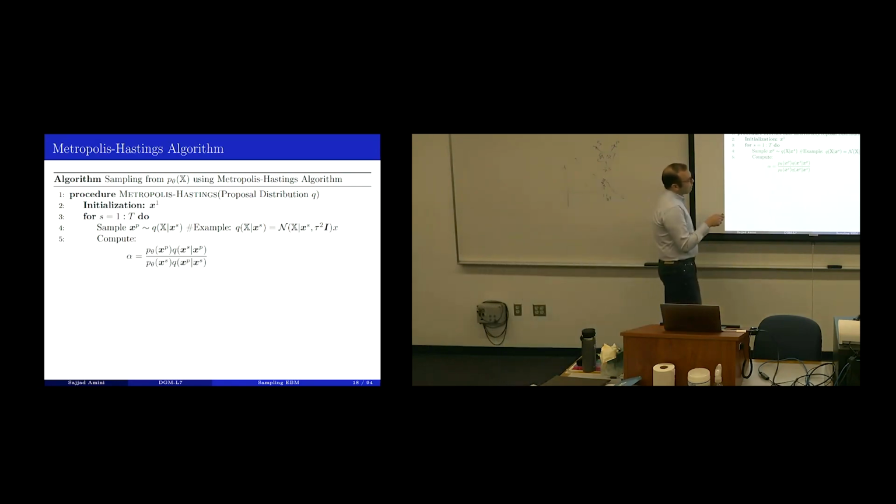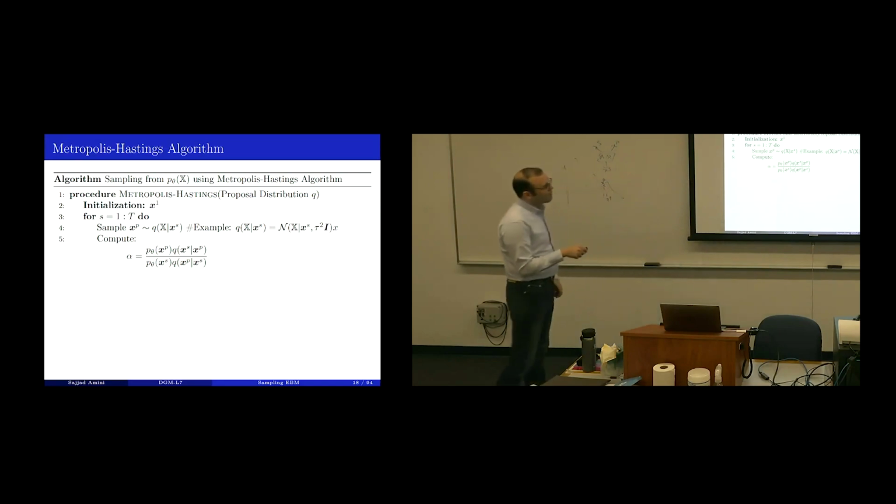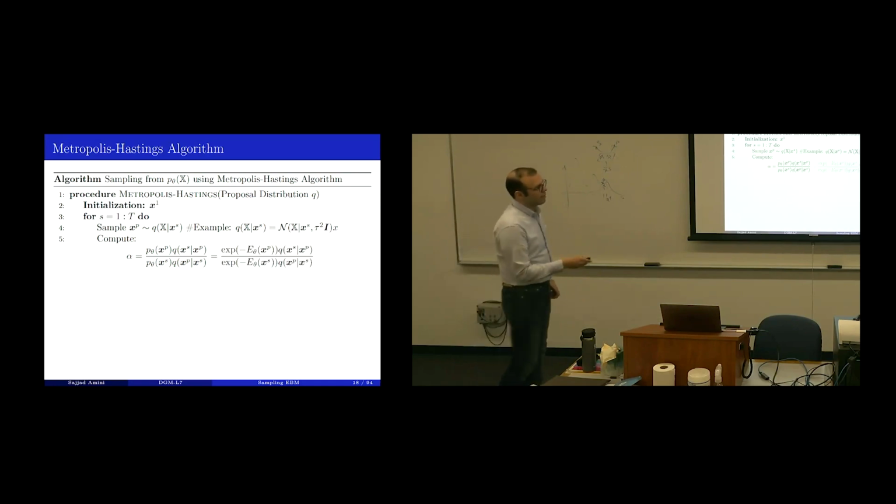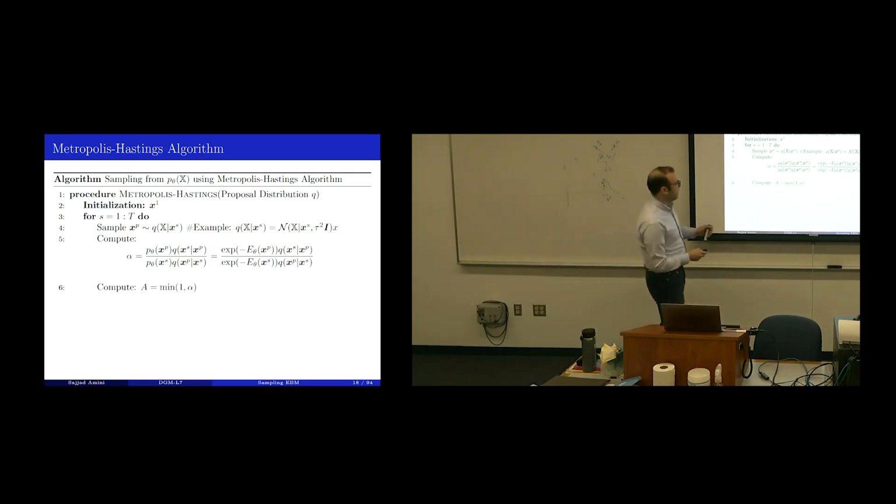For the proposed sample, you calculate a value of alpha. What is this alpha? This alpha is the ratio of p theta of xp to p theta of xs, times q of xs given xp over q of xp given xs. What are each of these elements?